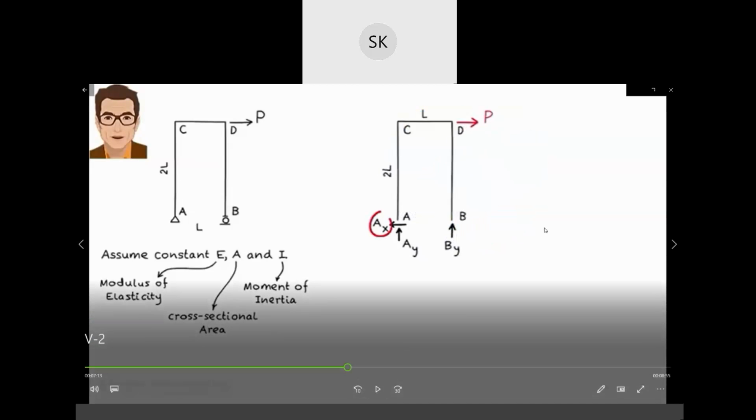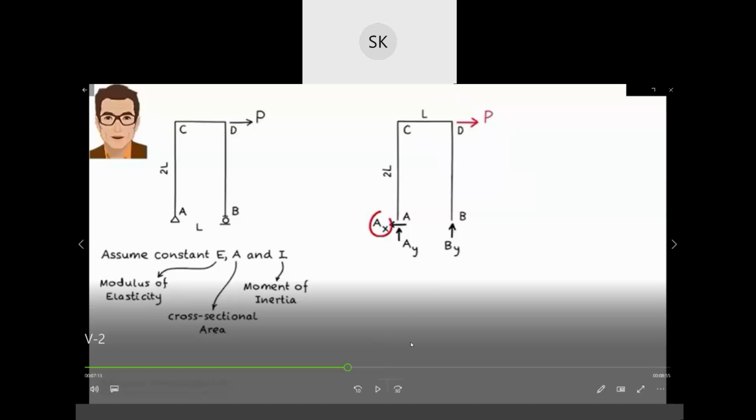So first of all, as we used to find the reactions in a beam or in a truss, we need to find the reactions in frames also. So they have found out the reactions. As it is roller, we know for a roller only vertical reaction, so they have represented it by By. And for the hinge support, we know we have two reactions, one is Ay and another is Ax, right?